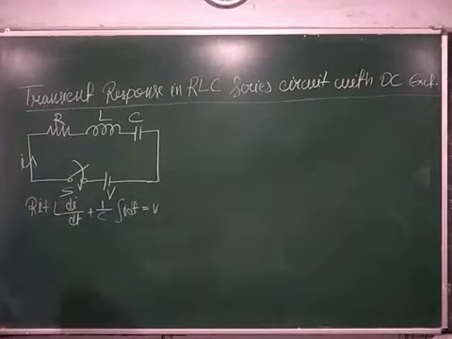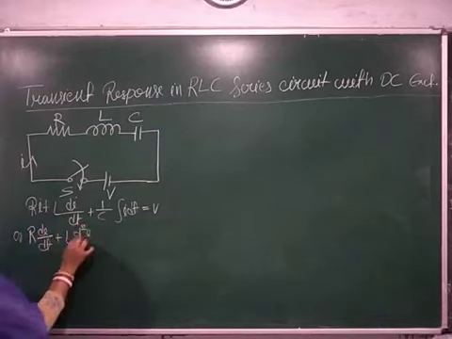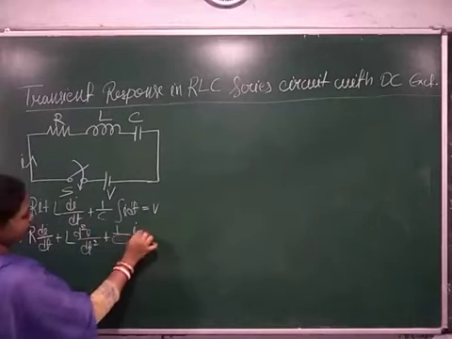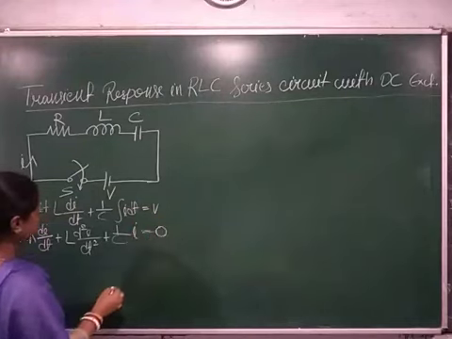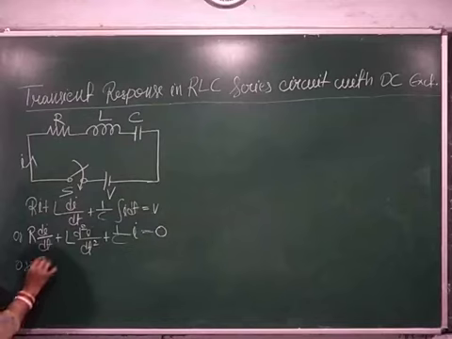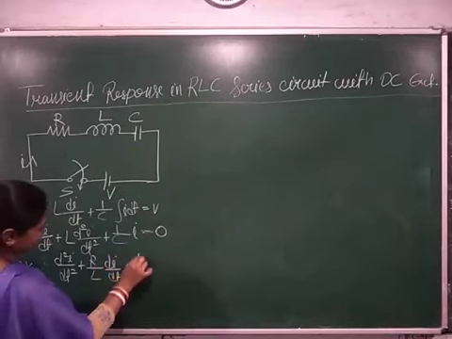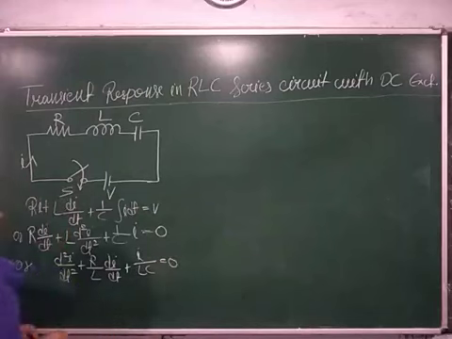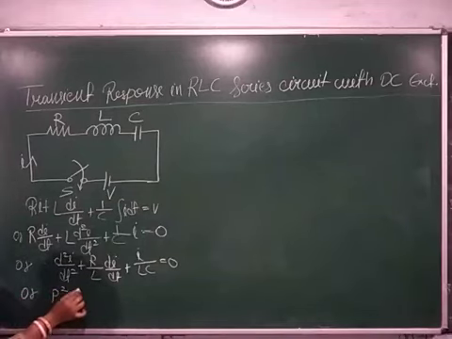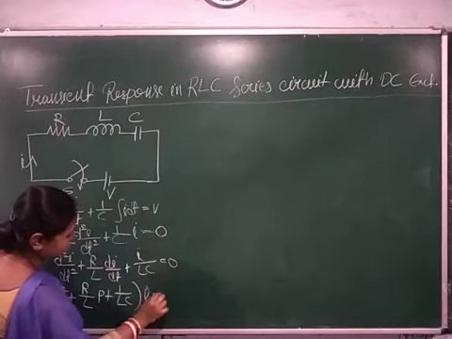Now I take the derivative on both sides of this equation, which gives the derivative of V. This is a constant, so it is 0, or I may write this equation as a linear homogeneous equation equal to 0.